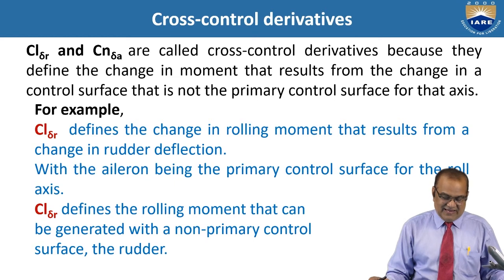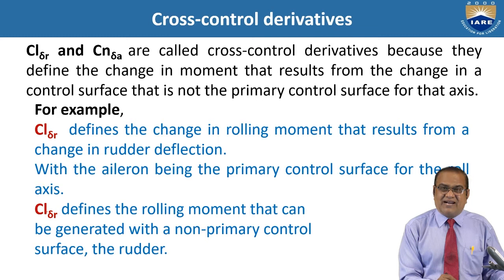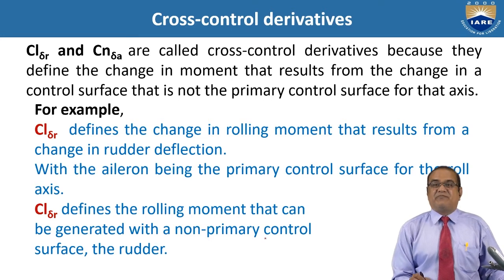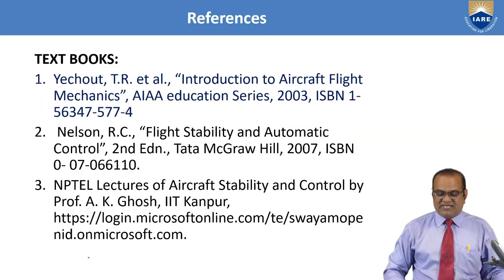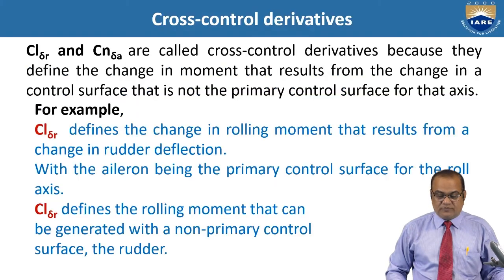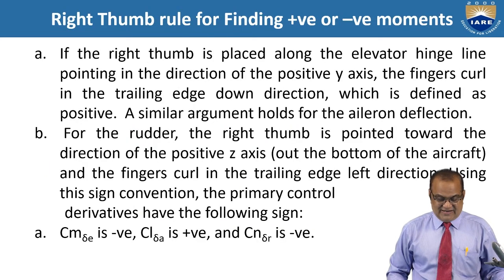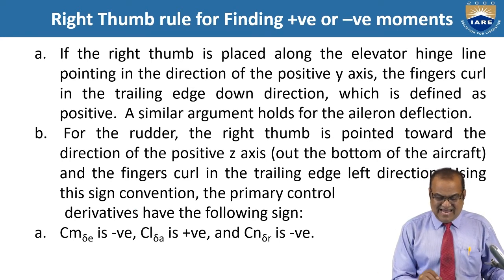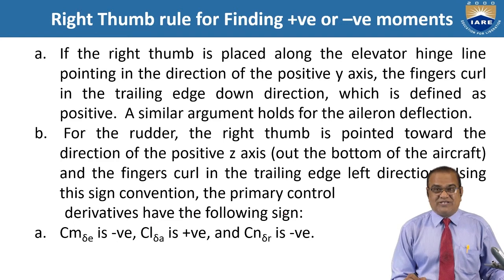Next is the CL. Actually it is not CL, it is CN. It defines the moment that can be generated with a non-primary control surface, the rudder. Okay, so we have to understand what the CN is. Here you can see the sign convention: the primary control derivatives have the following signs.